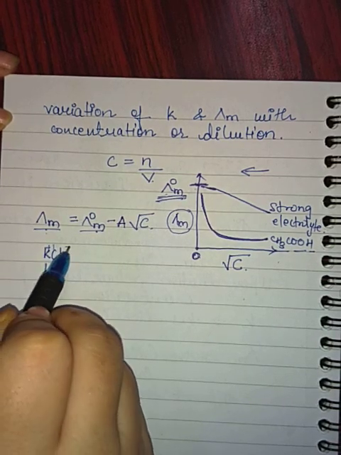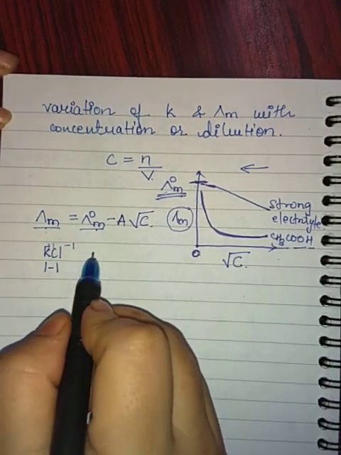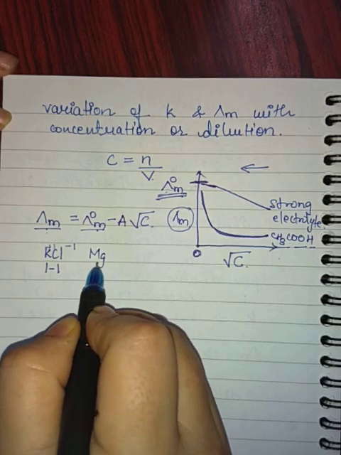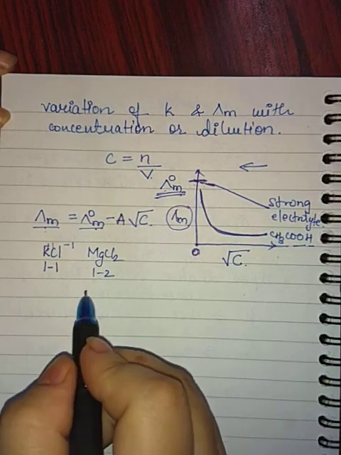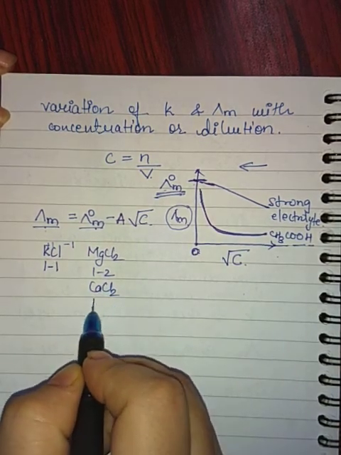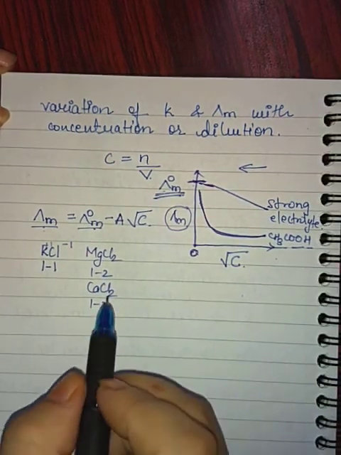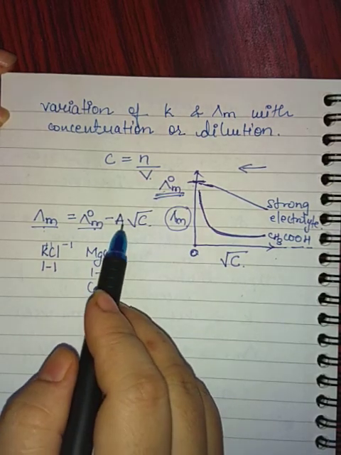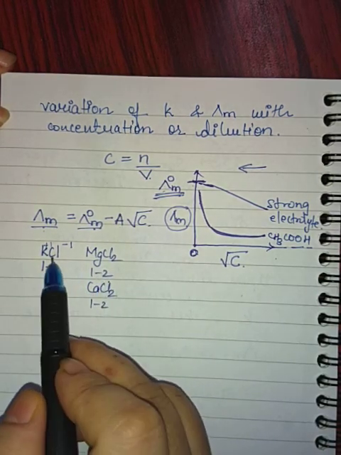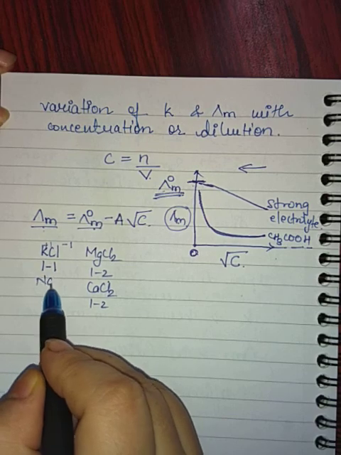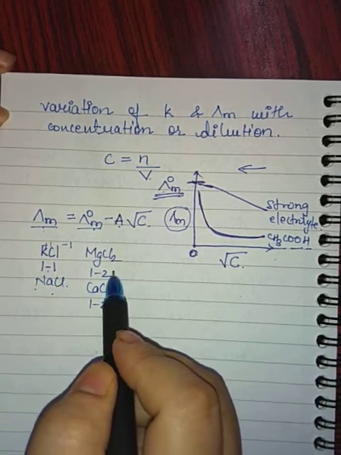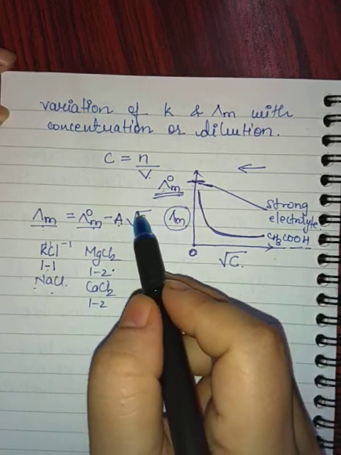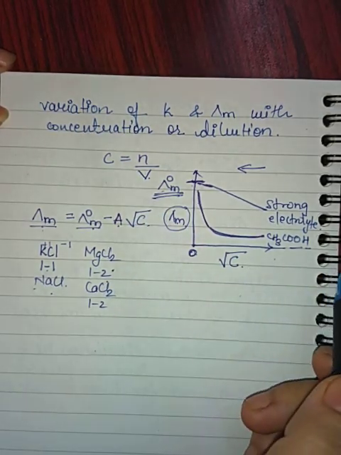Charge on K is +1, Cl is -1. But if you take MgCl2, this is 1,2 type of electrolyte. If you take CaCl2, this is again 1,2 type of electrolyte. So for such type of electrolytes, the value of A will remain constant. So A is a constant which depends upon type of electrolyte, and square root c we know is concentration.